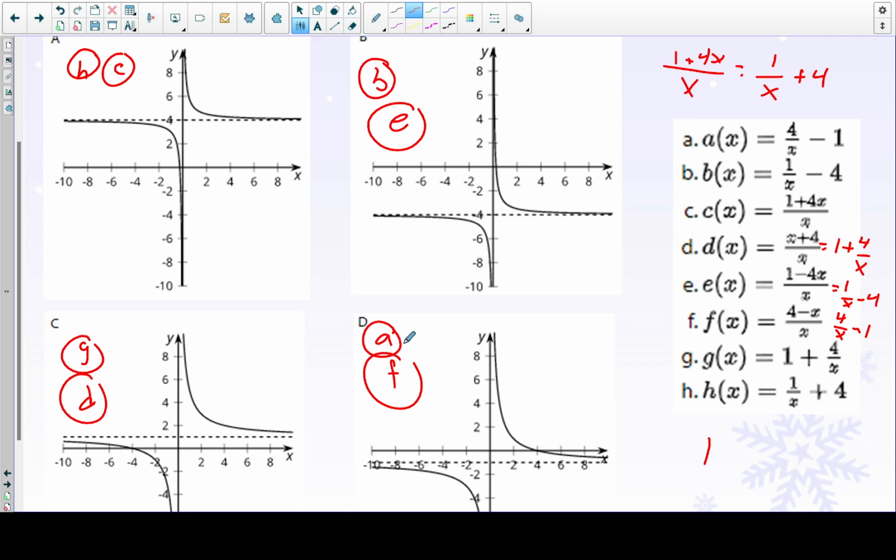Now, here's another way you can kind of look at it. So let's erase some of this over here. And let's again think about the big idea, right? So let's look at D, for instance, okay? What happens if I take x, and like I did before, I replace it with big?